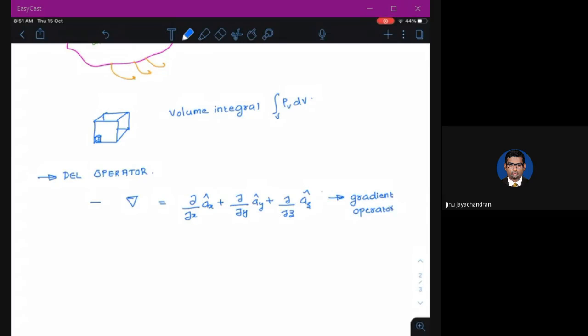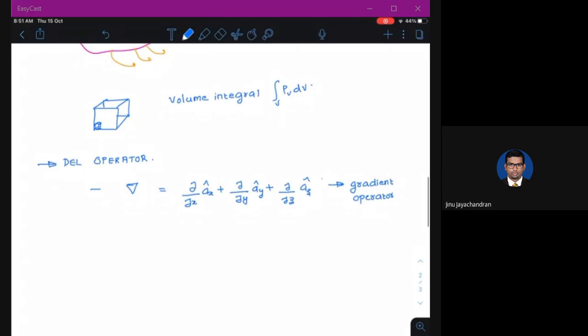So I hope you know what an operator means. For example, plus is an addition operator, minus is a subtraction operator, cross is a multiplication operator. It does some kind of an operation. Whenever you see a plus, it means that you need to add the left operand and the right operand. Similarly, whenever you see a multiplication, you multiply the left operand and the right operand. Similarly, del is an operator which operates on scalars.